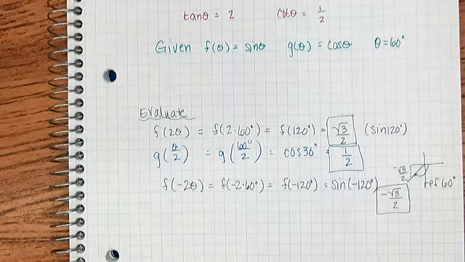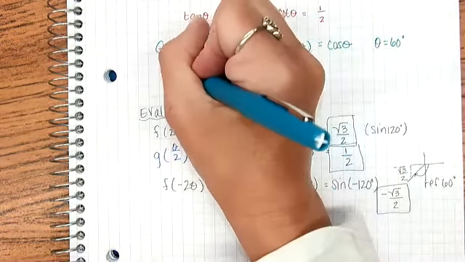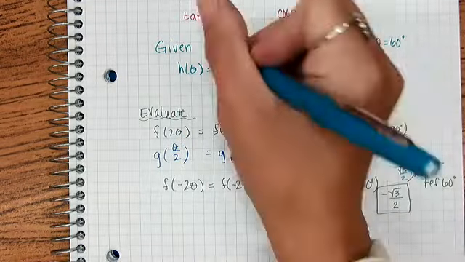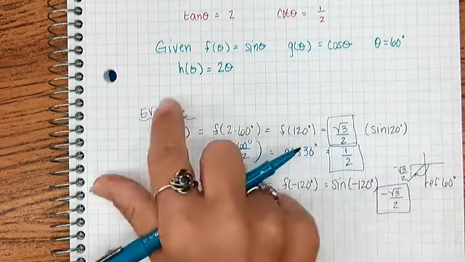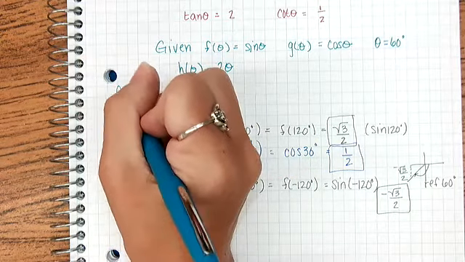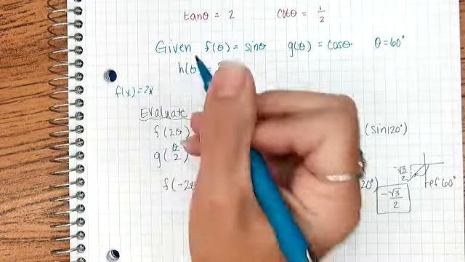So I told you to leave room. Now we're going to throw in a couple more functions. So let's say that I tell you that now the h of theta is 2 theta. How can that be? That's no different than saying the f of x is 2x, y equals 2x. No different, just thetas.